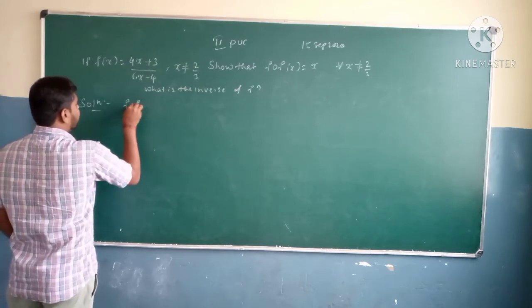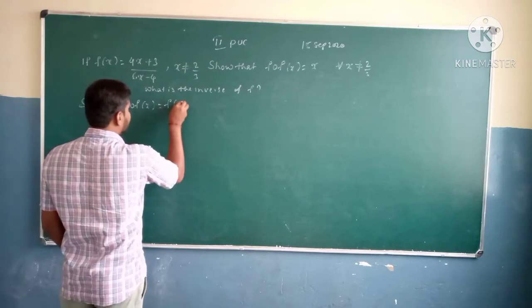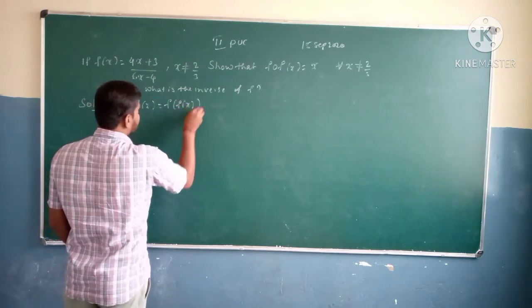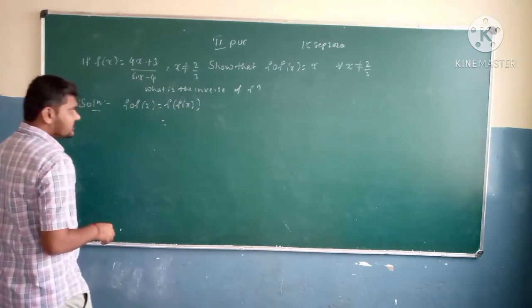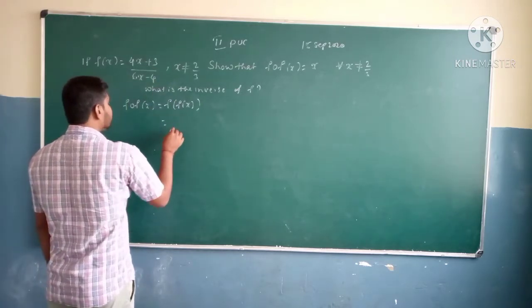f(f(x)) is nothing but f applied to (4x plus 3) divided by (6x minus 4).